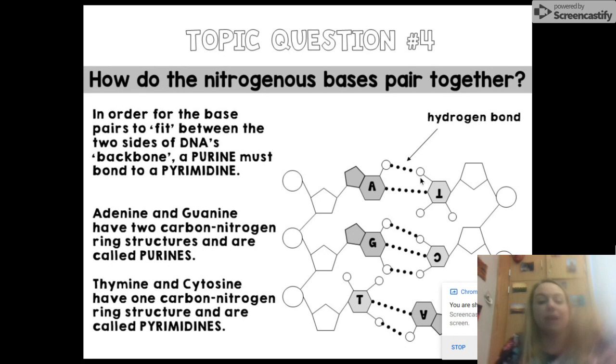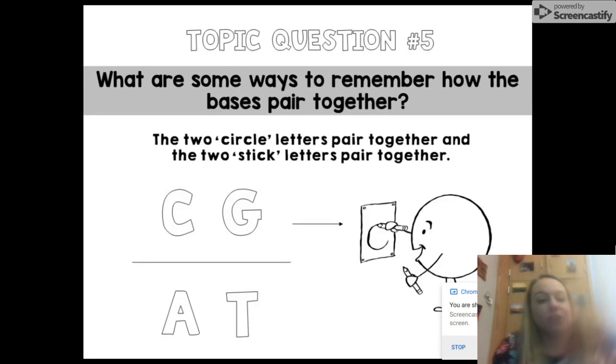Those guys are the best fit for the model that was developed by Rosalind Franklin, James Watson, and Francis Crick to discuss the structure of DNA.